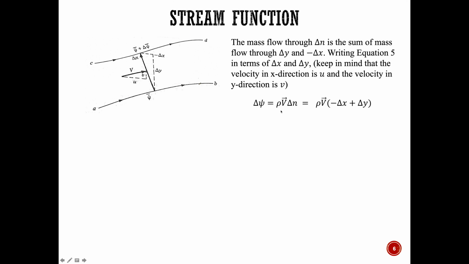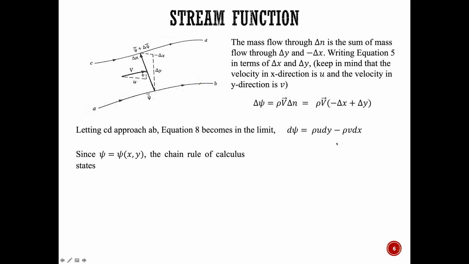All right. So again, approach the limit. You just basically condense this down to rho u times dy minus rho v times dx, because velocity in x is u, velocity in y direction is v, right? And we know that for any given 2D multivariable function, using the chain rule of calculus, we can differentiate them as the following, right? d psi is dou psi by dou x times dx plus dou psi by dou y times dy.